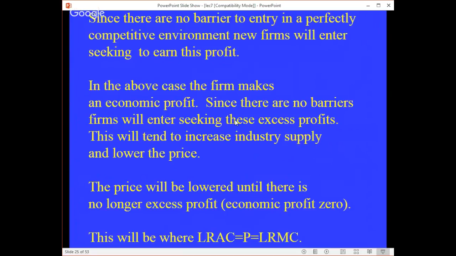In other words, I'm not doing any better in this market than I could working for somebody else or doing something else, right? So in the long run, in a perfectly competitive market, economic profits are zero, where price is going to equal long run average cost, and it's always going to equal long run marginal cost because that's our profit maximizing point. Questions?